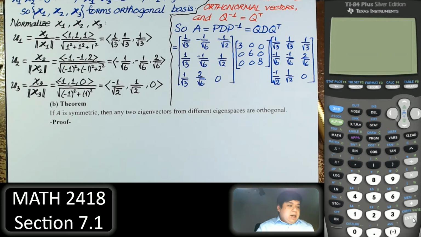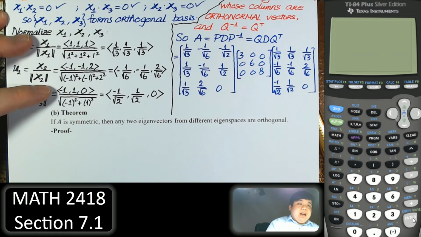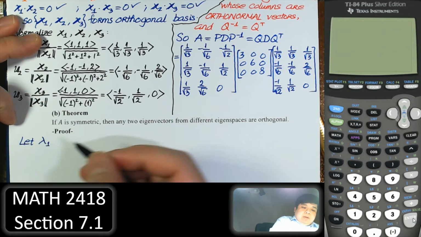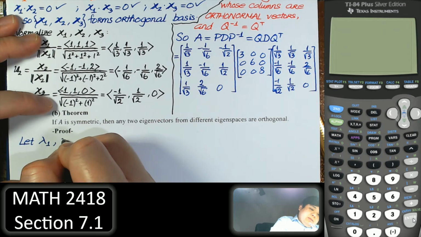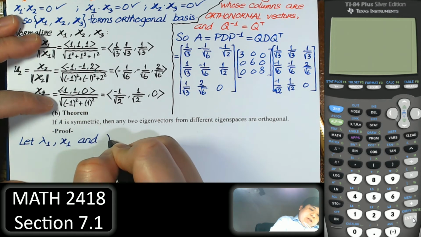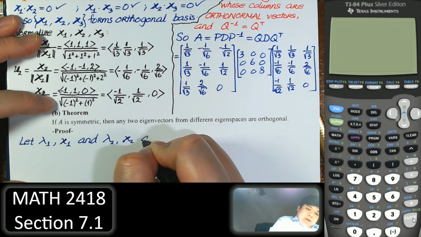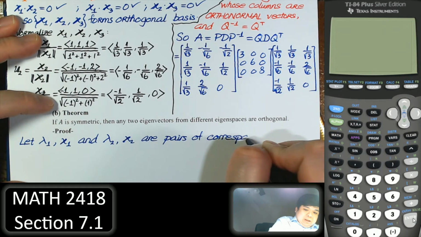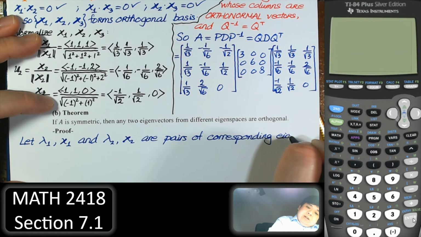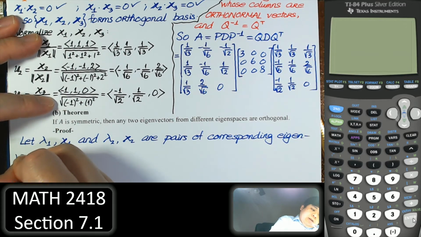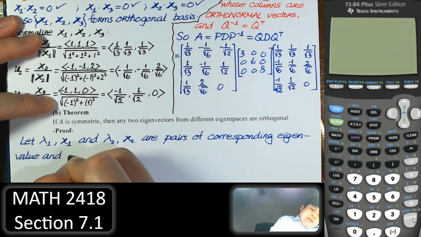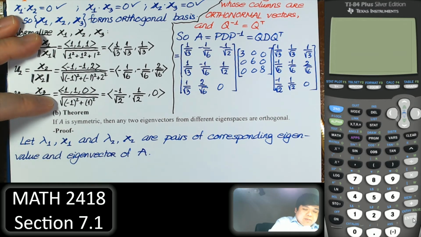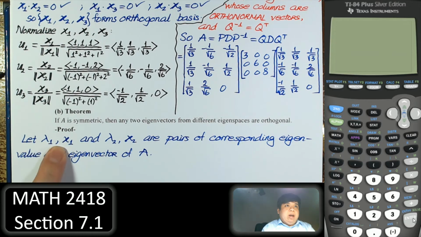So in that case, let's say λ1, x1 and λ2, x2 are corresponding pairs of eigenvalues and eigenvectors of A. If we have eigenvalue λ1, we have eigenvector x1.